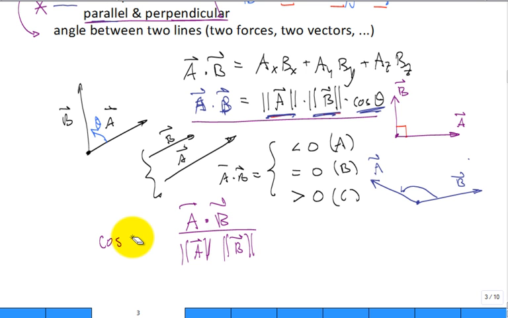Or you could calculate the ACOS of that, and that is theta. What is ACOS? Arc cosine. So I can get that angle theta using the arc cosine of A dot B divided by the magnitude of A and B.